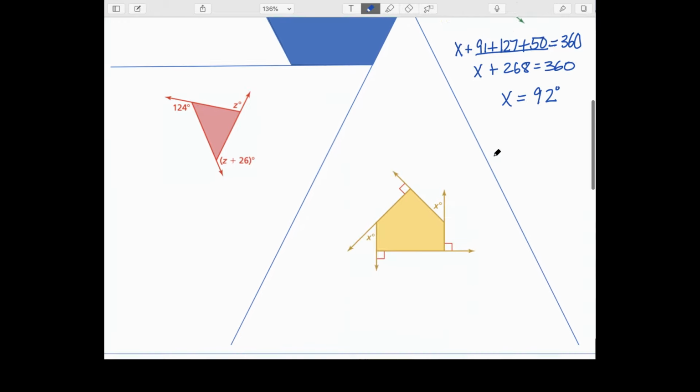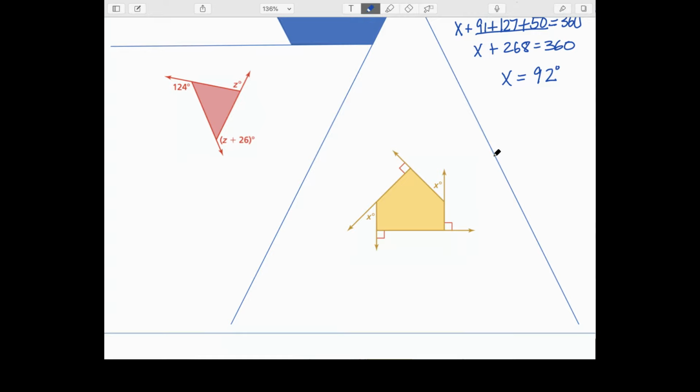So we have one here where we don't actually have any numbers, but we do have a special relationship. We can see that symbol means that they are 90 degrees. So if you said 90 degrees, you are right. So that's 3 of these.